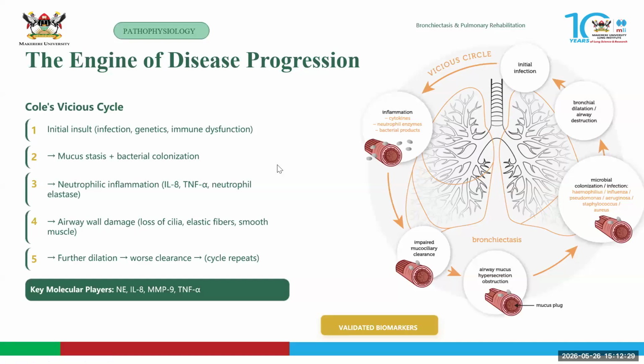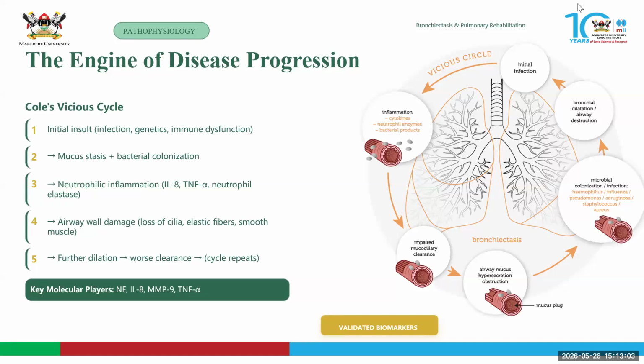the vicious cycle, which plays a key role in how bronchiectasis comes about. So we find that we have an insult to the airway, which could be an infection, or even be at genetic level or associated immunodysfunction. From this insult, it will lead to a state of inflammation, which may initially be acute but can go on to be chronic.